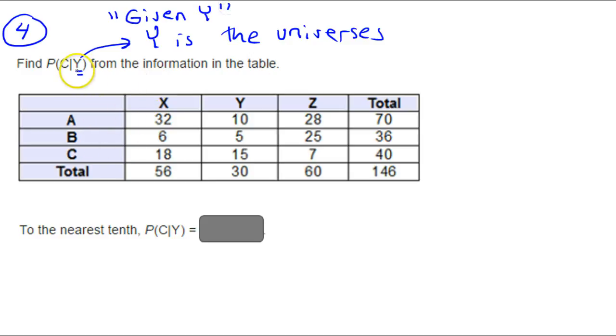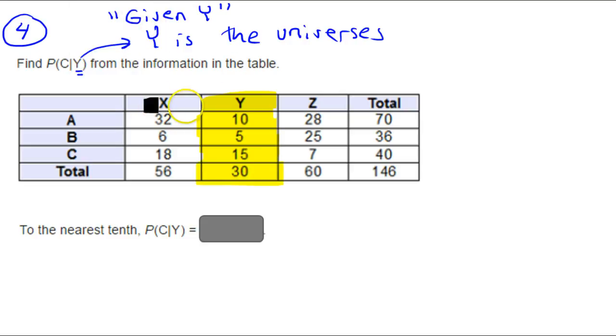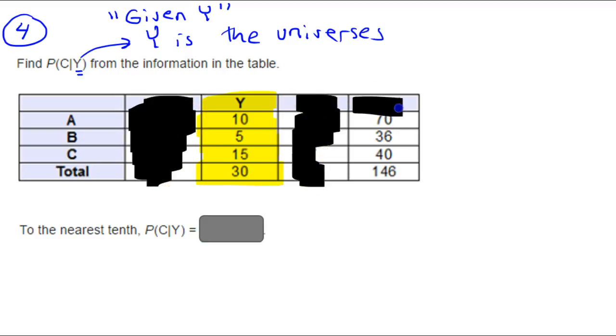So if Y is the universe, that means this is now the universe. That is what we're given. That means we can throw out X and Z, and these totals are now incorrect because the universe is much smaller.